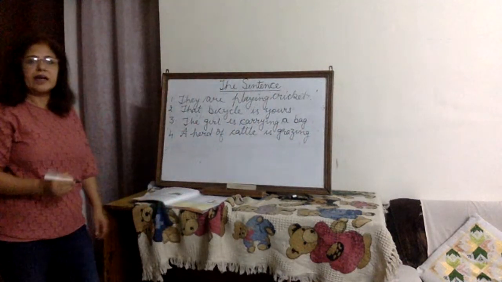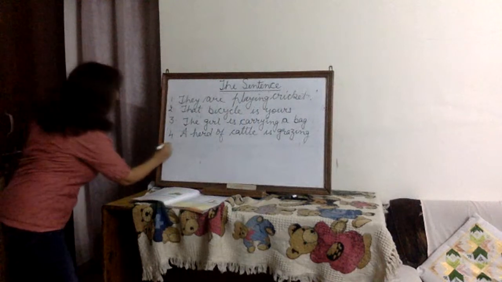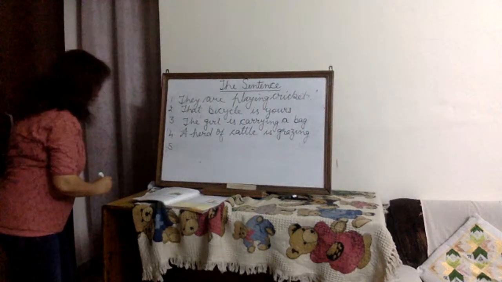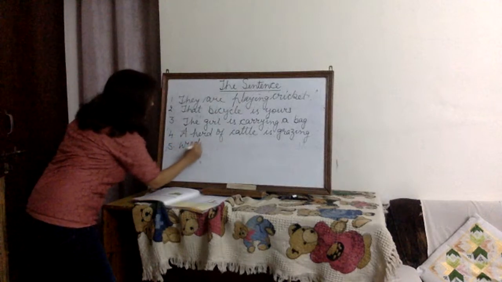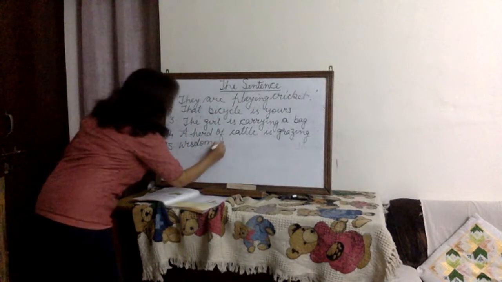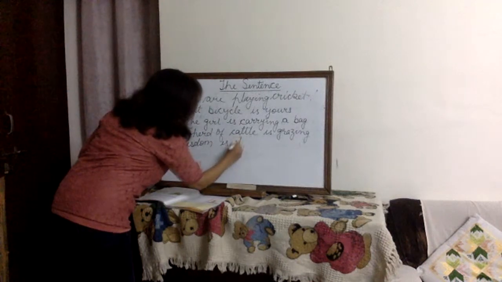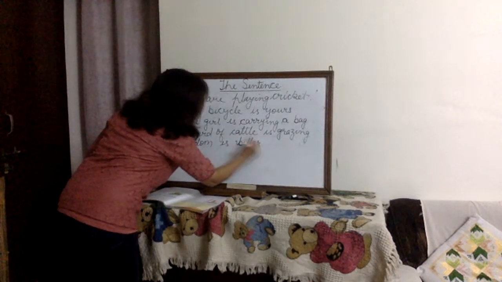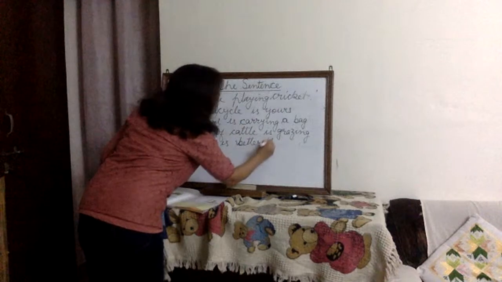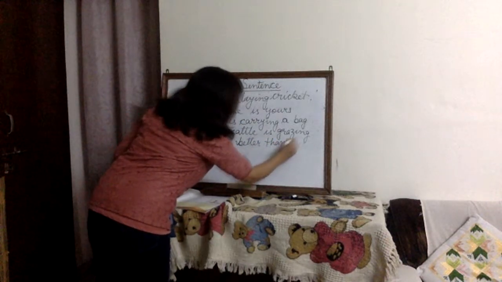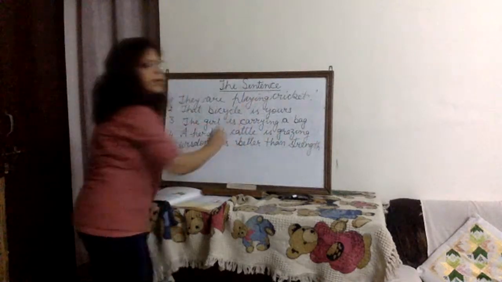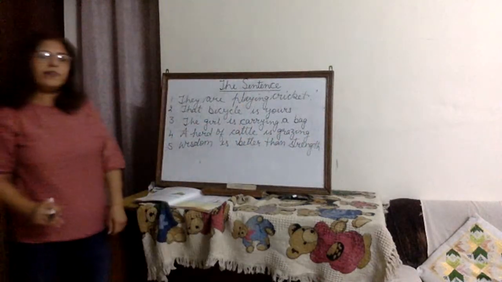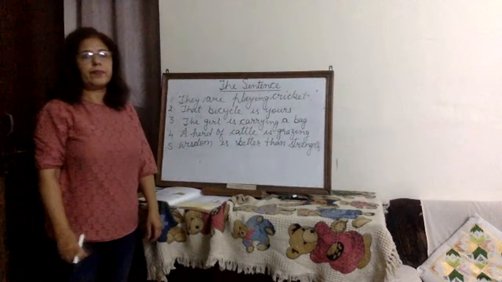A herd of cattle is grazing. Number five, wisdom is better than strength.